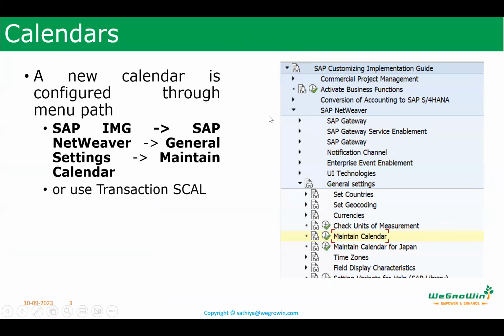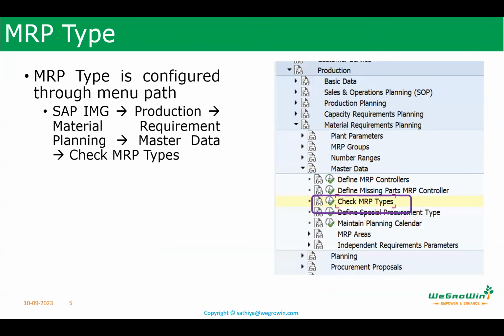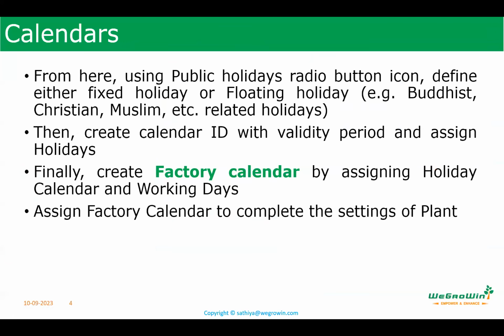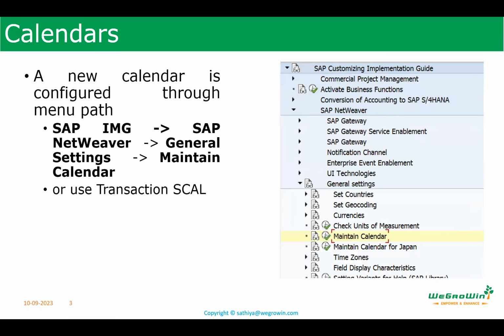Sir, one question. Calendar we see in MM and PP. So do we need to maintain the calendar at both places, or if we maintain it in one place will it reflect in PP also? In MM also we have seen the calendar. Correct. This is for the course material I prepared, one for PP and one for MM, but we are showing it here now. The transaction which I'm telling is the same thing, SCAL.